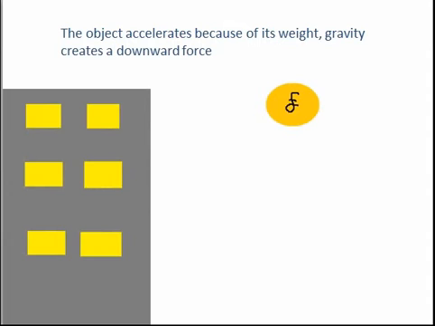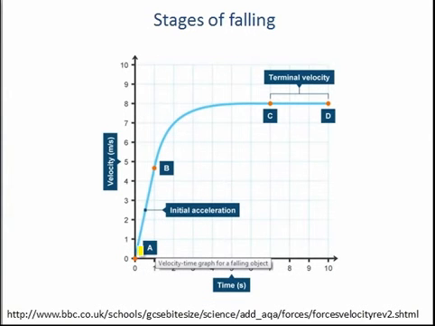So here we have a coin being dropped off the top of a building, and at this stage the coin has just been dropped. So it is in this part of the graph, the first stage, in which the increase in velocity, or its acceleration, is steady.